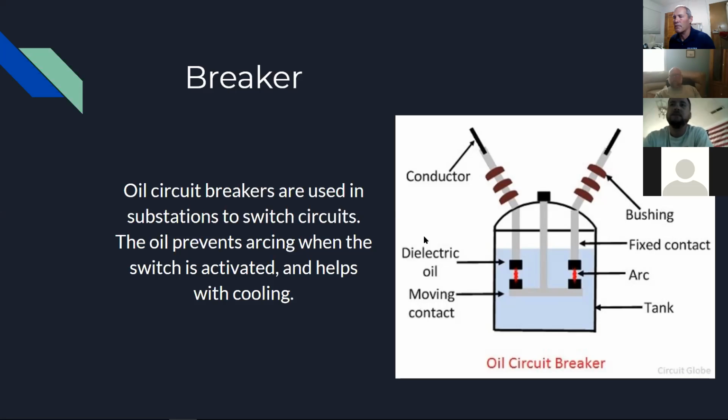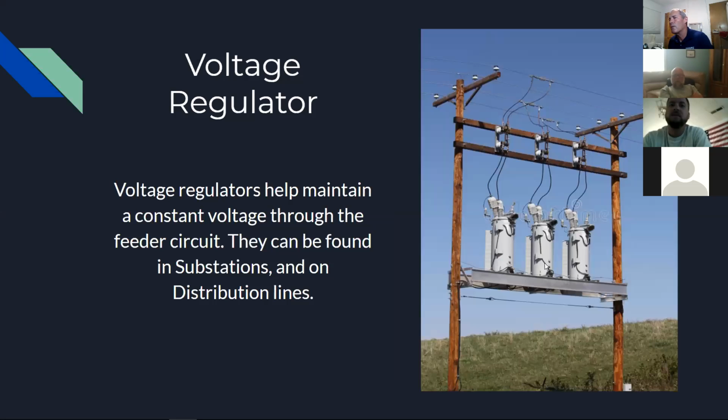It extinguishes the arc inside that oil environment right there, so you don't have an arc flashing from here out to the side of the tank. Good picture. Thank you. Then you've got your voltage regulators, which keeps it within 5% of the distribution voltage coming out of the substation. Mm-hmm.